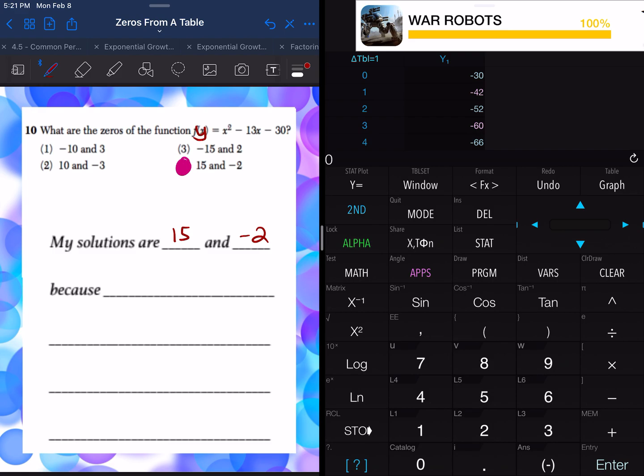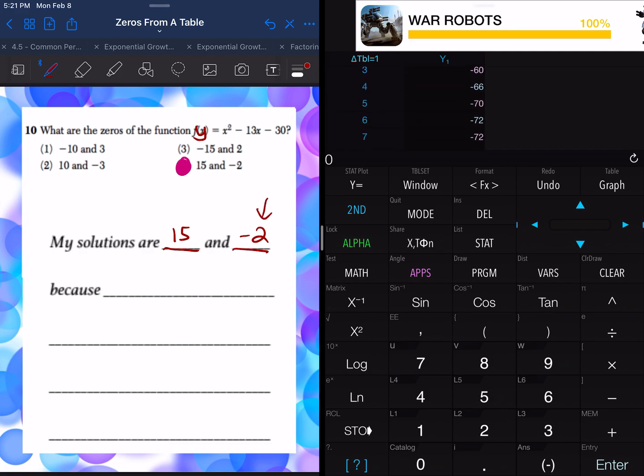Now, bringing you back to our problem here, my solutions are 15 and negative 2. If I go to my table here, it's x values on the left side, y values on the right side. If I go to where y is 0, I'm going to see negative 2, which is one of my answers.